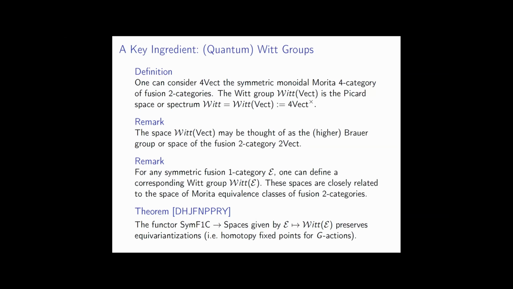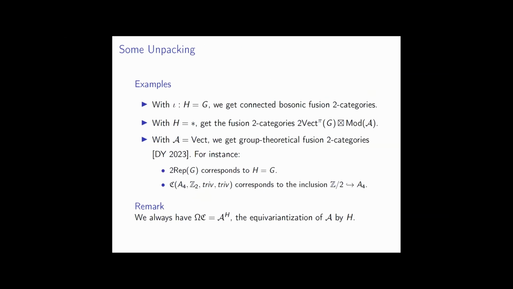Can you explain again how you construct the categories from your data? Yes, you can do it. Is it like the category of modules of some algebra? So roughly, you're talking about the construction, right?